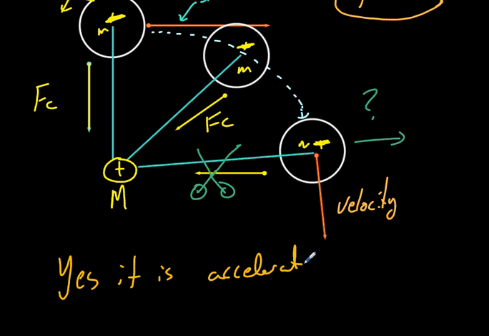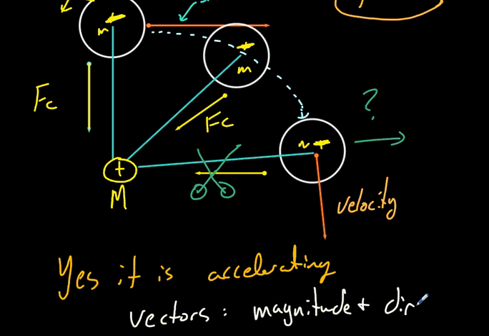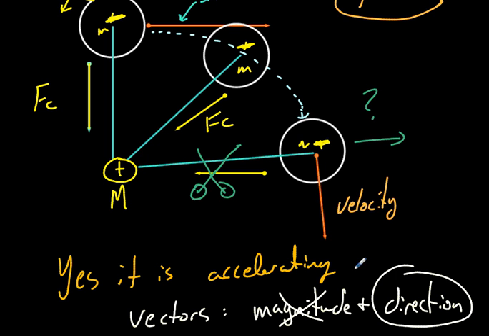However, it's not accelerating by changing the magnitude of the velocity. It's changing the other part of the vector of velocity. Remember, vectors have what? Magnitude and direction. So we are causing acceleration, but not affecting the magnitude, affecting the direction. So Newton's laws are still obeyed.